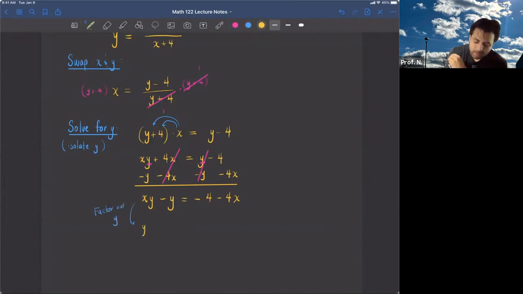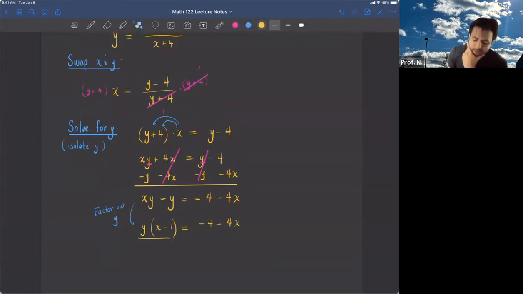And when I do that, what's left? X minus 1, and that's minus 4 minus 4x. And we're almost done. So you see what this accomplished? Factoring out the y, I now only have one y to take care of.